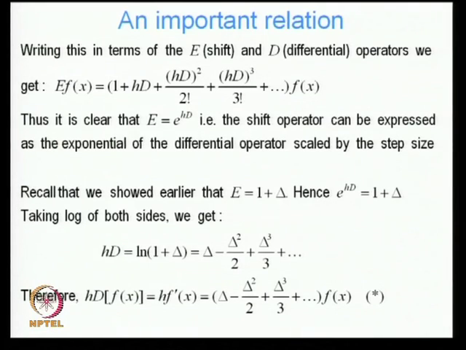My operator calculus tells me that the exact derivative is actually equal to this series, which involves the forward difference operator, operating on f(x). So, not only does it involve delta f(x), it involves del square f(x), it involves del cube f(x) and so on and so forth.